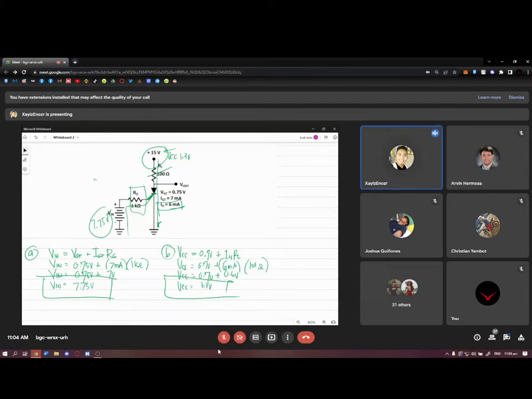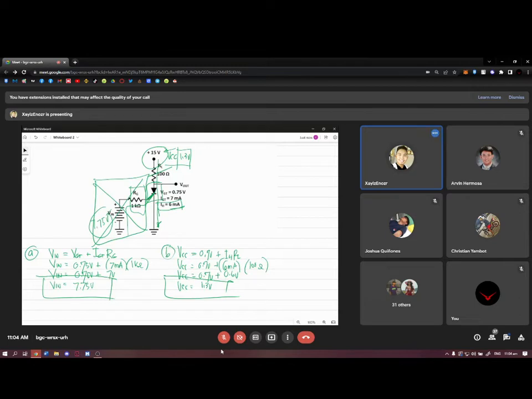Then, kahit tanggalin mo to sa circuit, mananatiling naka-turn on yan. So, ano lang yung way mo? Isa sa way is, bawasan mo yung VCC mo. Pag ginawa mo 1.3 volts yung supply voltage mo, automatic, magta-turn off na si SCR.